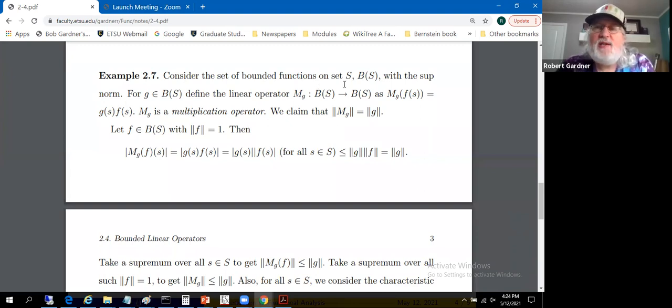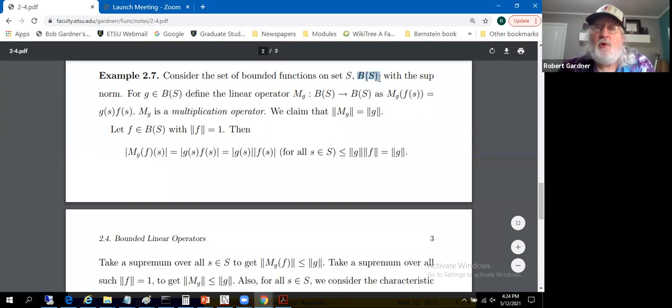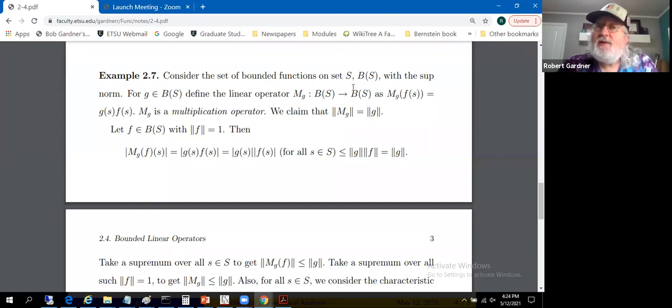We actually showed this thing was a normed linear space under the sup norm. Take G, an element of this, so that means G is a function defined on set S, and G is bounded with respect to the sup norm.